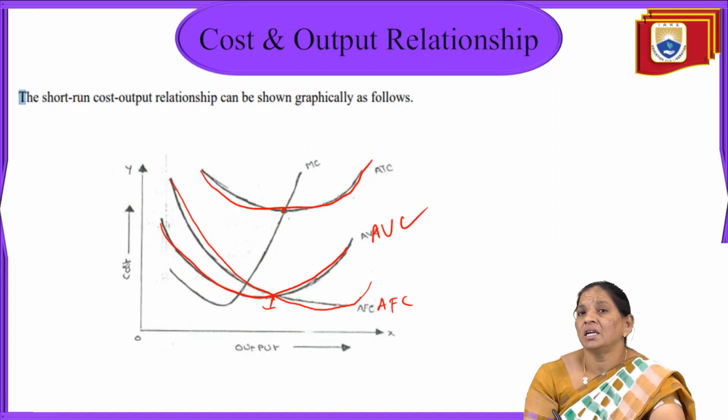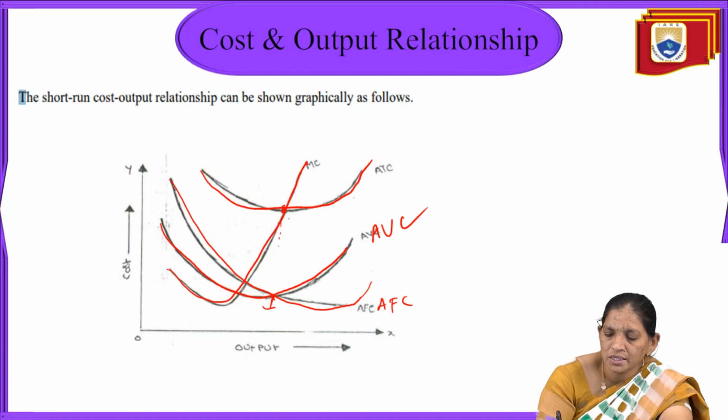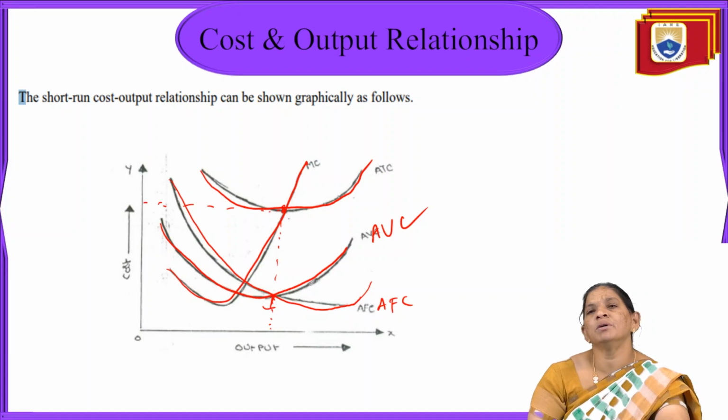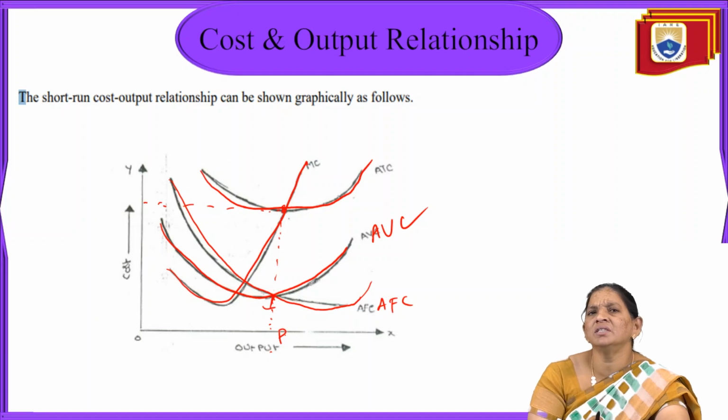So here we can identify that the additional cost also cuts here. So here we can say that we are able to get the maximum output with the minimum cost. Means the maximum output we can get is OP, and the cost is minimum. After that the cost will increase.